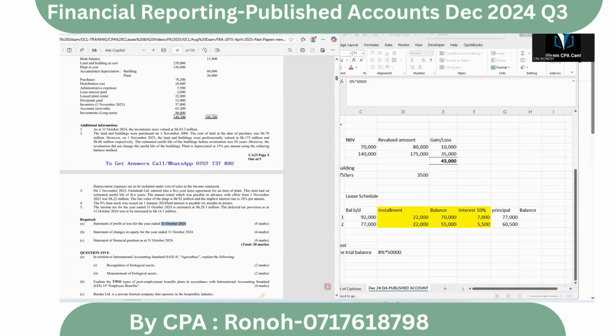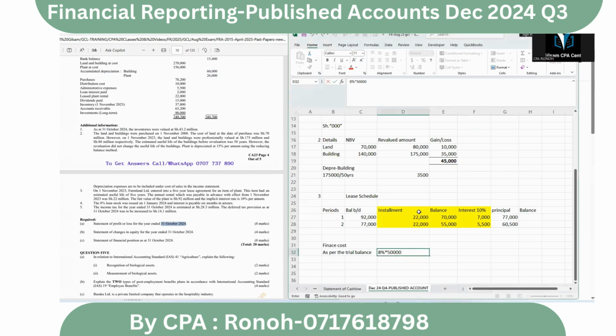July, 7 months. So 9 months up to that 1st October. In 9, how many? 10 months. So multiply by 10 over 12. That will give us the total interest which you will have to account as an interest cost.